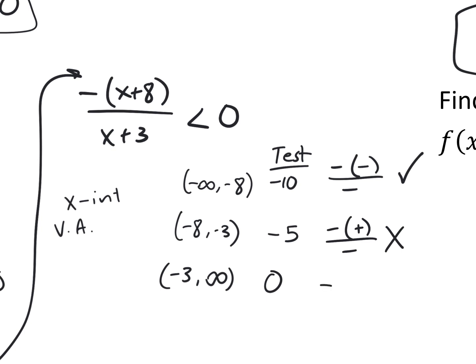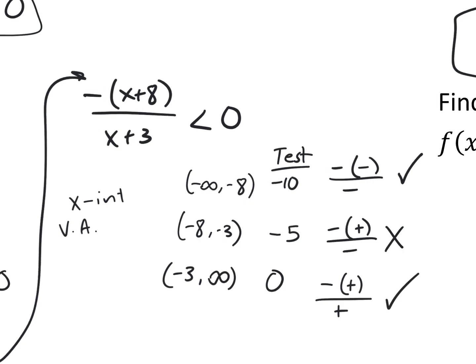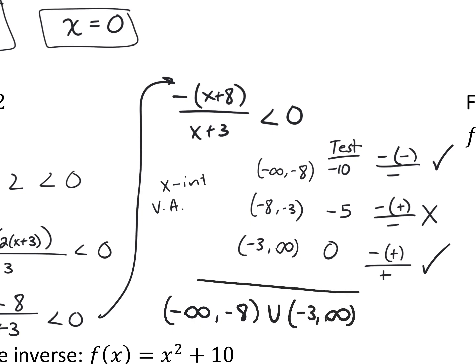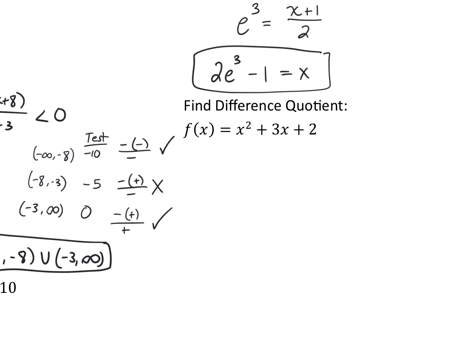I'm going to get negative times a positive over a positive. And again, that's what we're looking for. One negative in the numerator will make a negative answer. So our solution set for this inequality will include negative infinity to negative 8 in union with negative 3 to positive infinity.